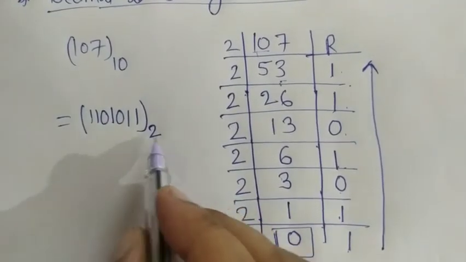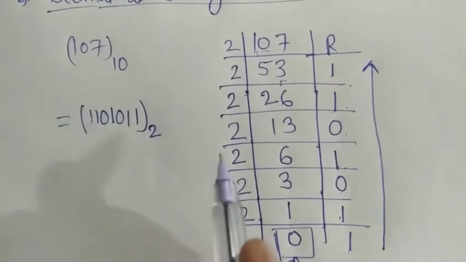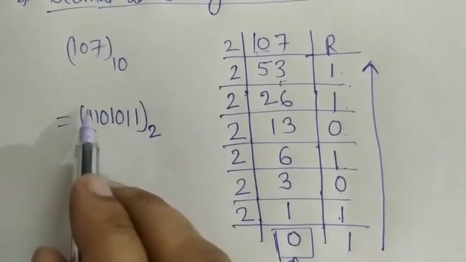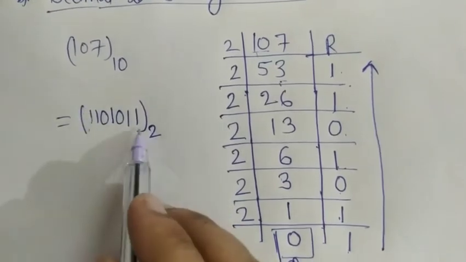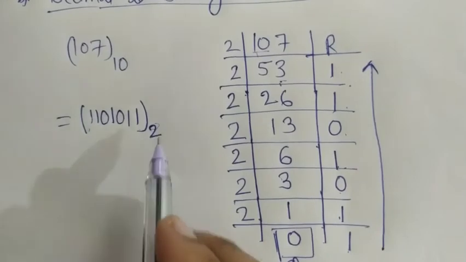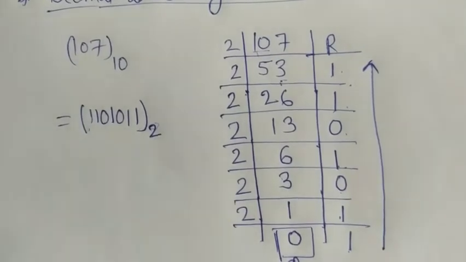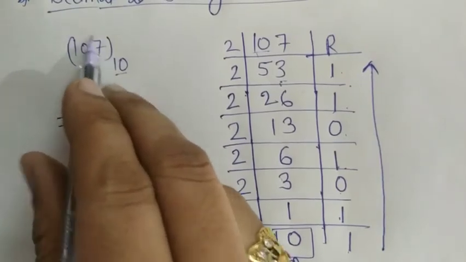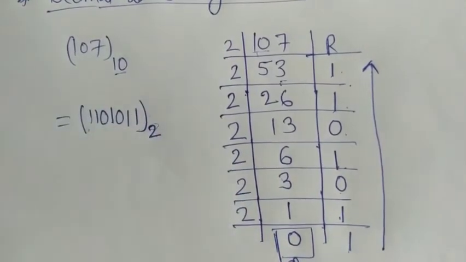You need not write that 107 is in the binary number system; we simply make a bracket and write the subscript 2. So it is clearly showing it is a binary number, and writing 10 shows that the number is a decimal number.